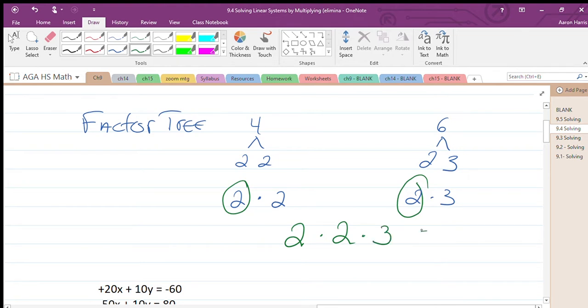And now watch what we get. 2 times 2 is 4. 4 times 3 is what? 12. So by not writing these 2's twice, we don't duplicate anything that's in both. So the factor tree makes our life a lot easier as we go through.